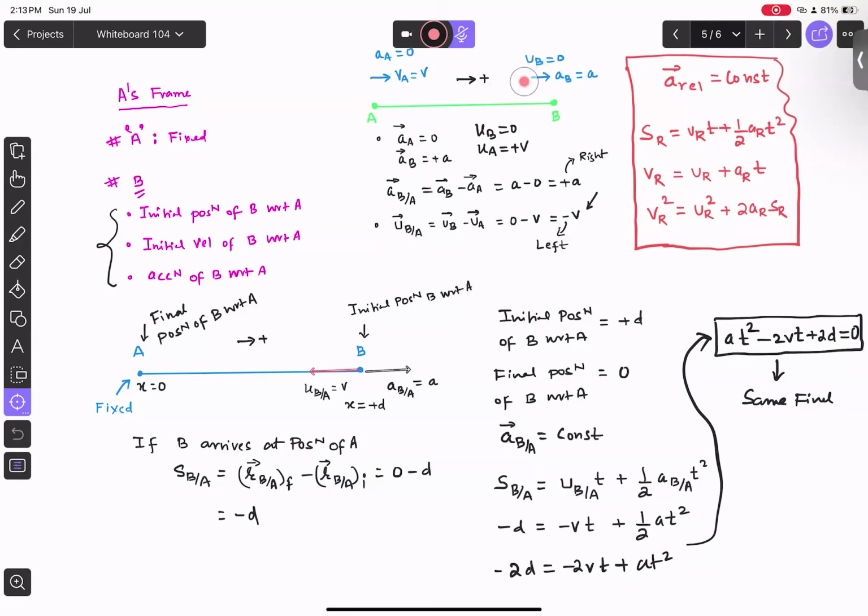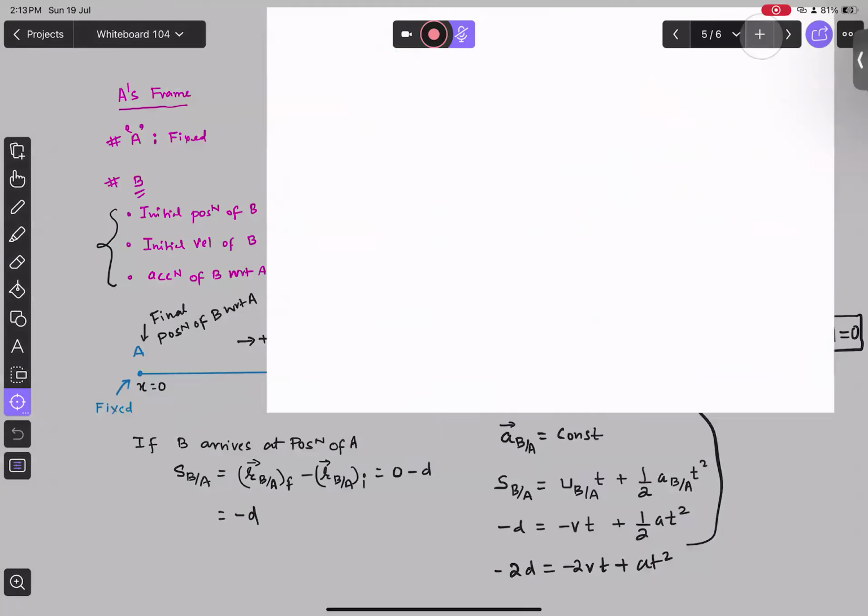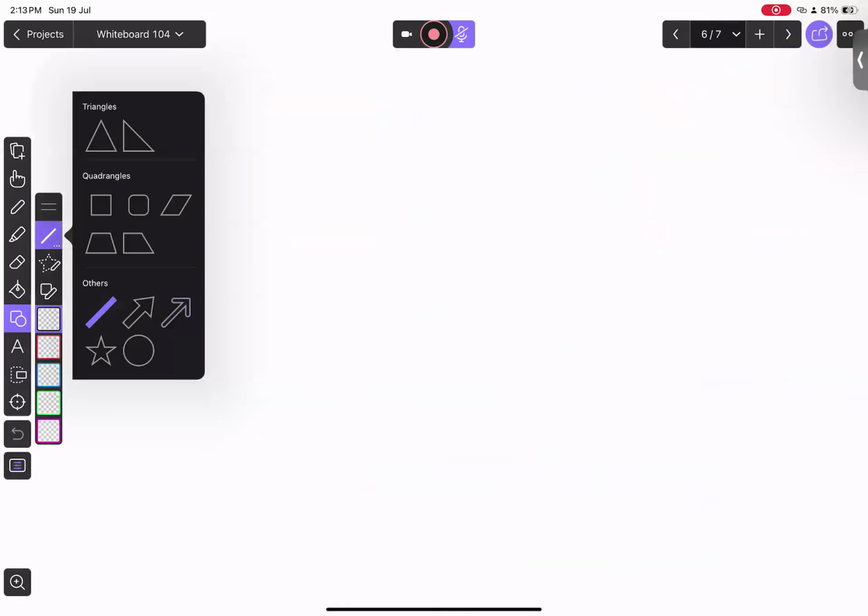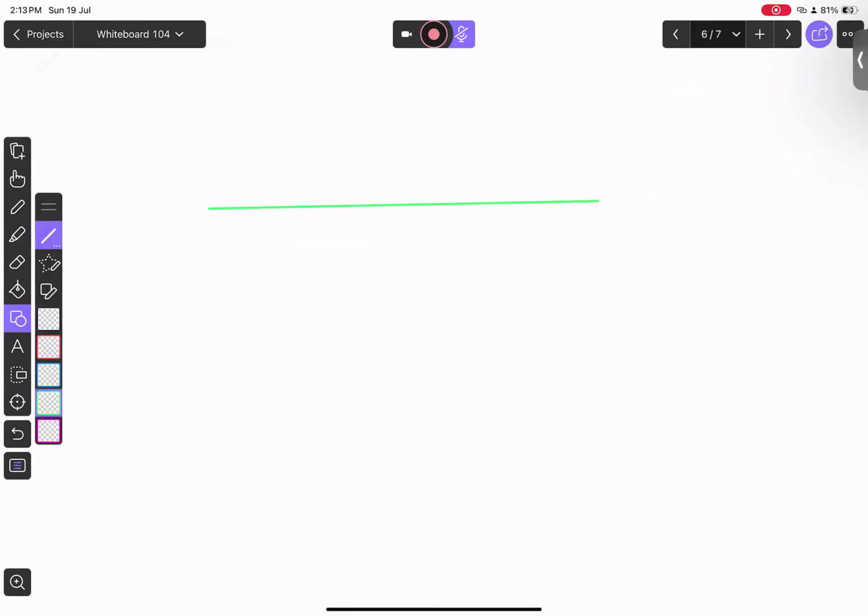So initial velocity of B is 0, initial velocity of A, which is always the same, plus V. So I got the initial velocity of B with respect to A as minus V. Minus V means leftward.